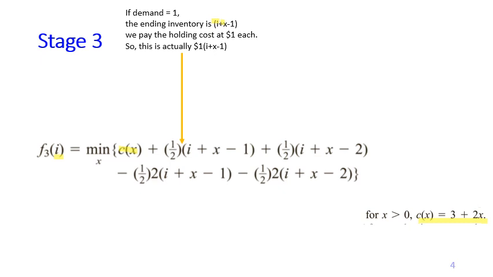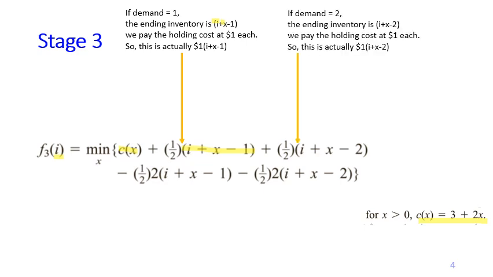The holding cost is $1 for each unit we keep at the end of the month. So this is actually $1 times (I plus x minus 1). You just don't see the number 1 there, but it is actually there, okay? And you don't need to write it because 1 times something is just something.